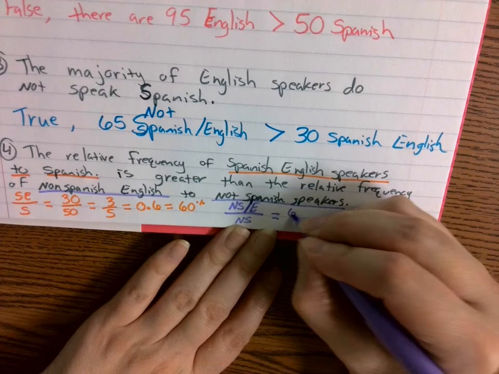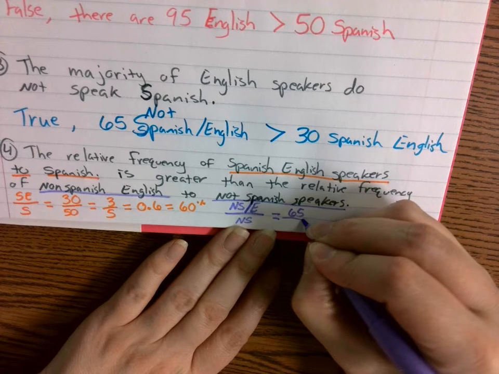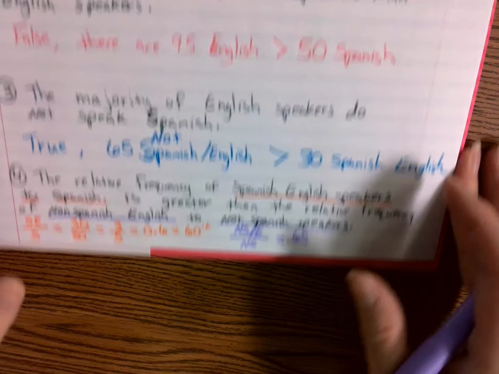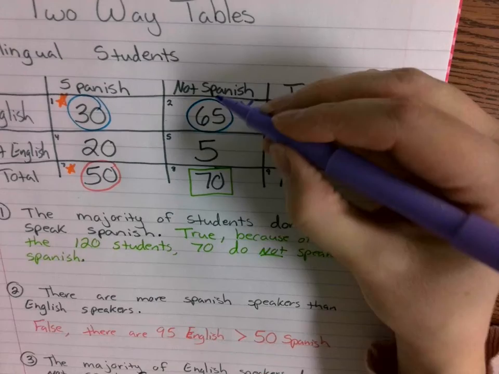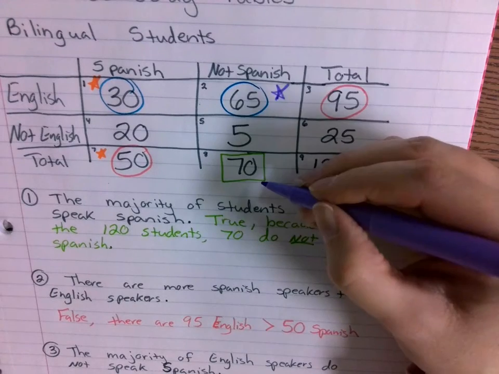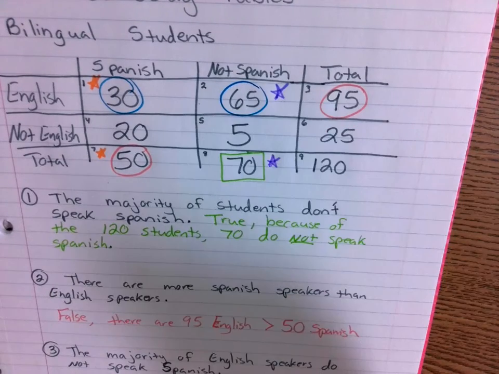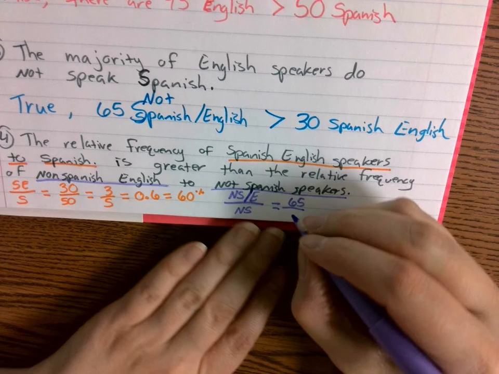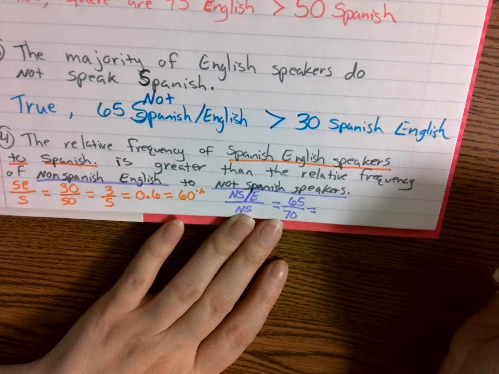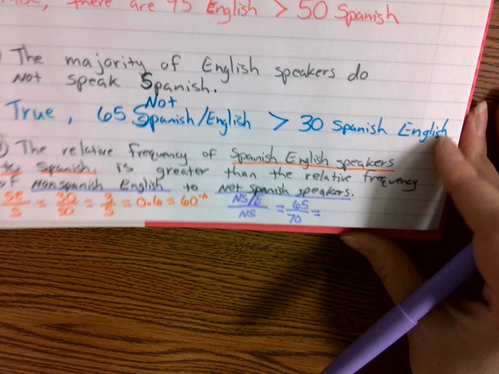And then how many non-Spanish speakers were there? 70, right? If we have non-Spanish speakers, no other stipulation, it's just non-Spanish, that's our total. So I'm going to put a star here so I know I'm using that value. It's going to be 65 out of the 70. Now when we're comparing them, we're going to go ahead and simplify it. 65 out of 70, they're both divisible by 5.